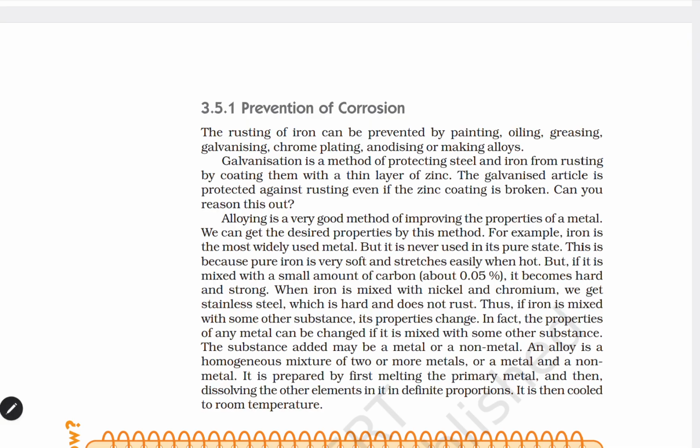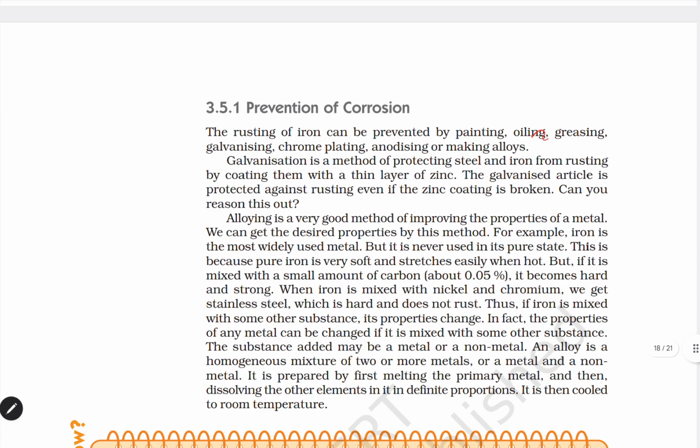Rusting of iron can be prevented by painting. Different methods are there. You can paint, or you can use oiling, or you can do the greasing procedure, galvanizing, or chrome plating, and anodizing, or making alloys. These are the different methods.